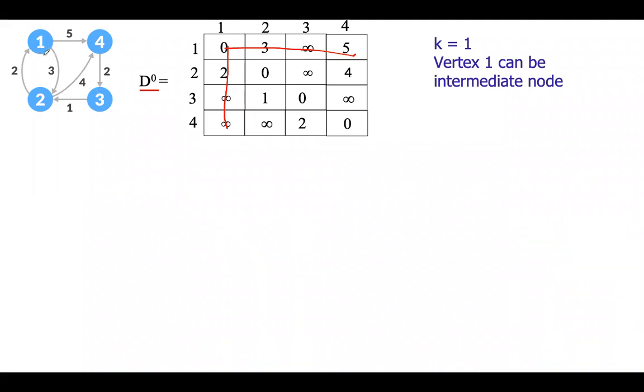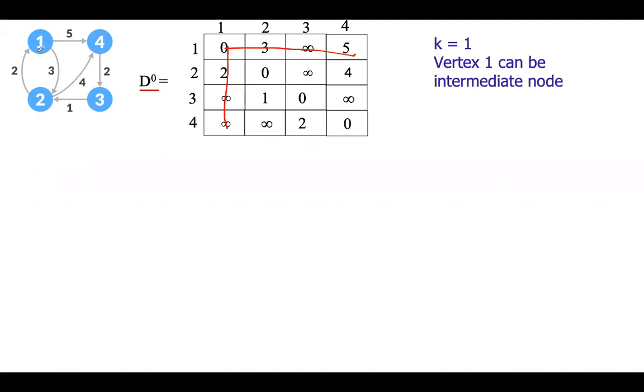First I will consider 1 as intermediate vertex, then 2, then 3, and then finally 4 as intermediate vertex. That is, if you take the path through 1, are you going to get any shorter distance or not? That is what we'll try to find out.